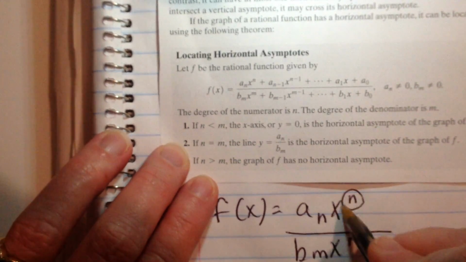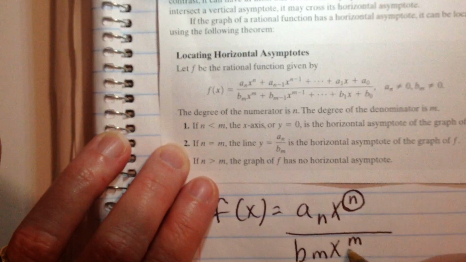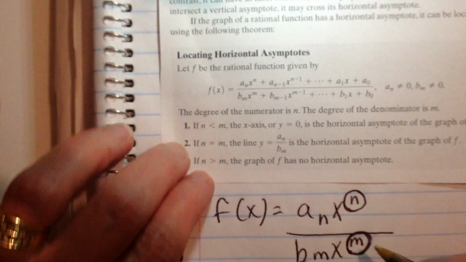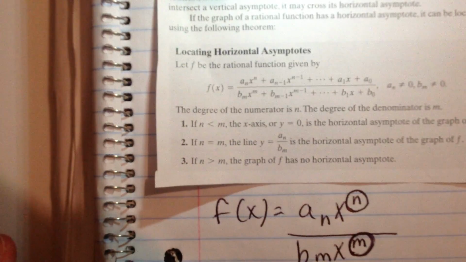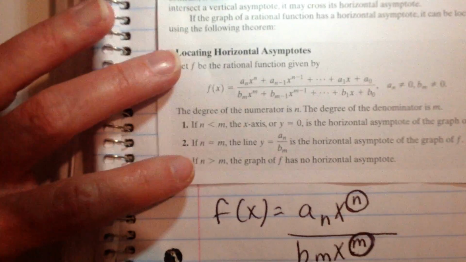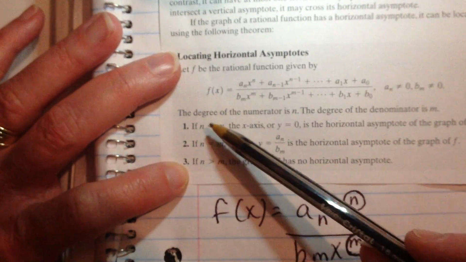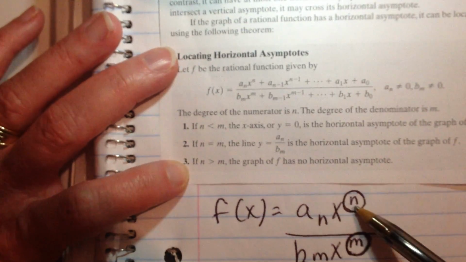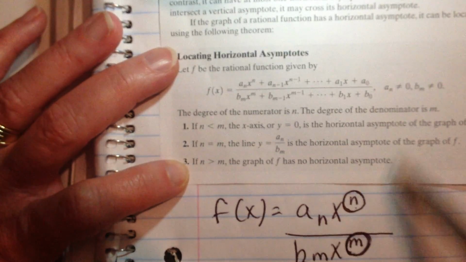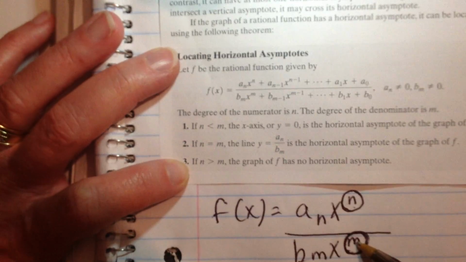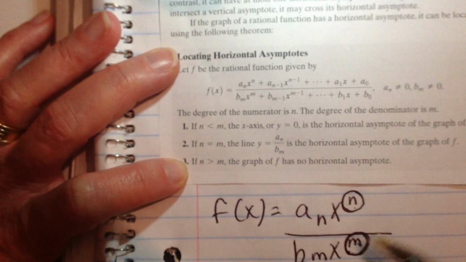We're going to be talking about the exponent n and the exponent m. These are the leading terms in your two polynomials. Now we're talking about the degree. The degree of the numerator is n, the highest exponent. The degree of the denominator is m, the highest exponent of the variable in the denominator.